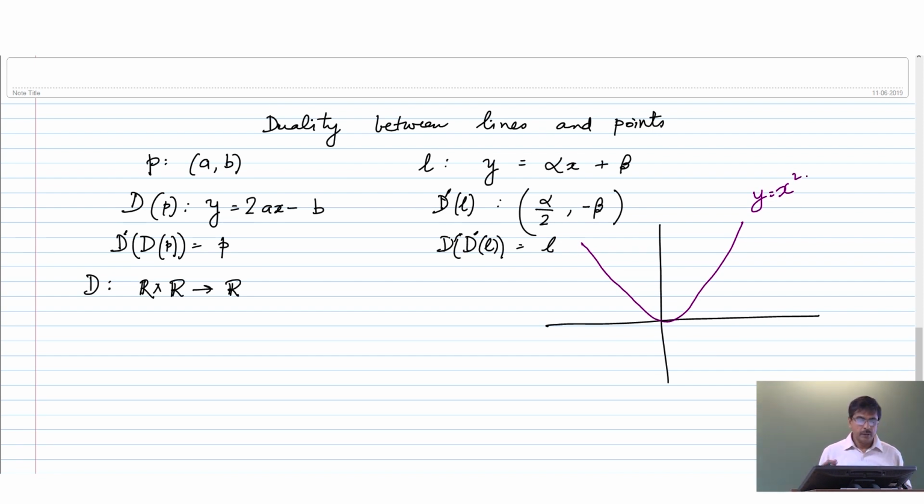Now, if I take a point P, let's say a comma b, and I vertically project it on the parabola, so it basically becomes a comma a square, and I draw a tangent through that point.